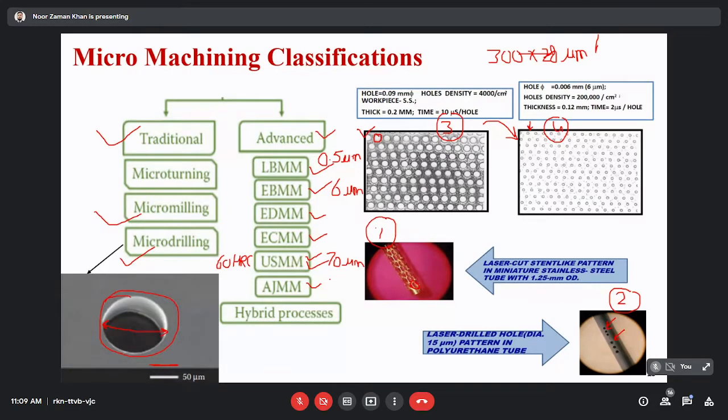I'm just giving you an example in a single line: by using MR finishing process, you can obtain a surface roughness up to 10 nanometer. Can you imagine 10 nanometer of surface roughness you can achieve from magnetorheological finishing process. So this is all about the micromachining classification.